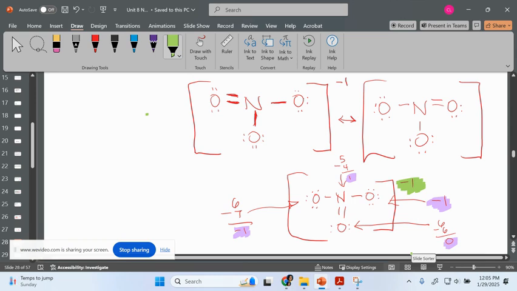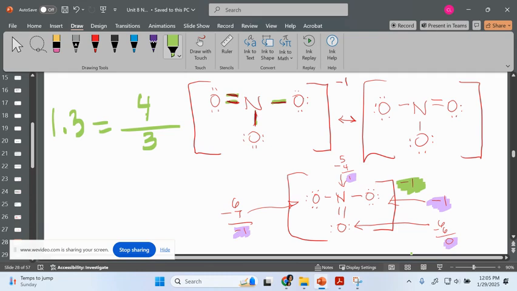What is my actual bond order here? How many bonds do I have? 1, 2, 3, 4 bonds. How many bond sites? 3. 4 divided by 3 is 1.3.